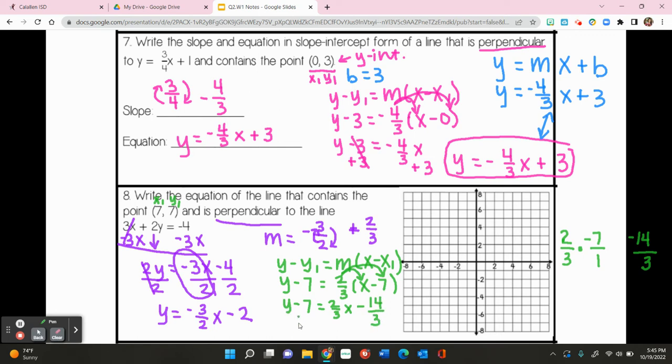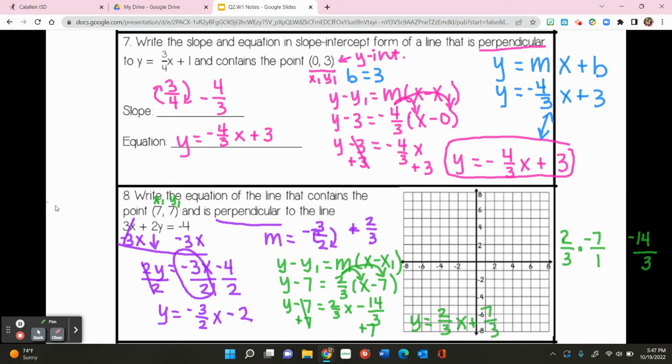Now I'm going to add 7 to both sides. So this cancels. And I'm left with y equals 2 over 3x. And now in your calculators, type in negative 14 over 3, step out of your fraction, and add 7. When you type that in, you will see that you get a positive 7/3.